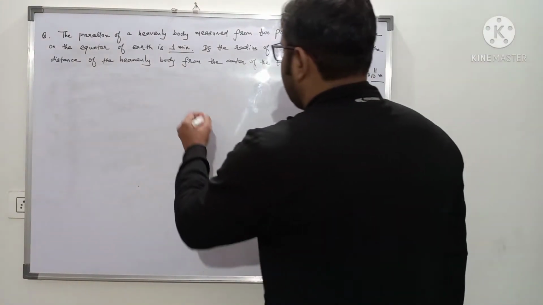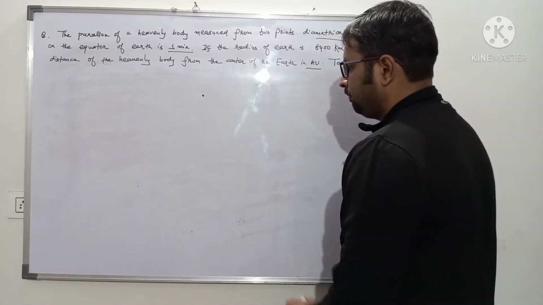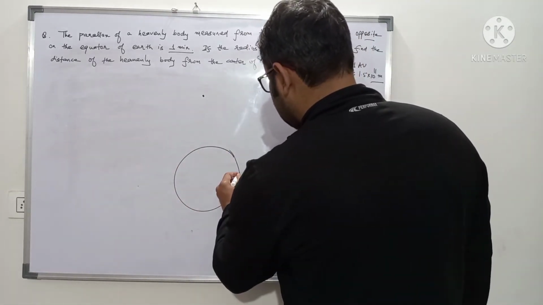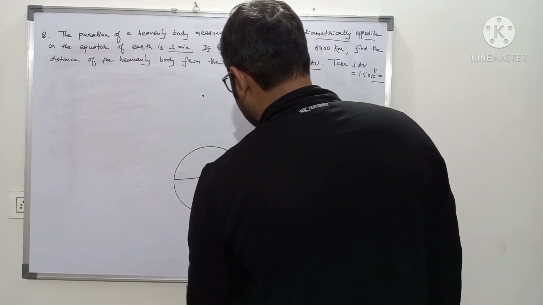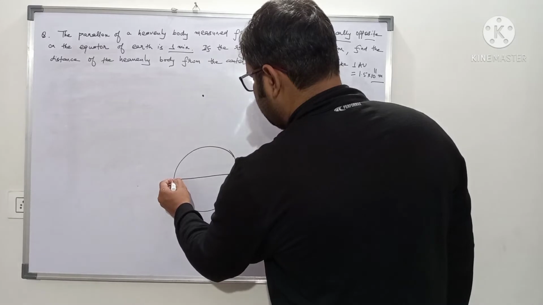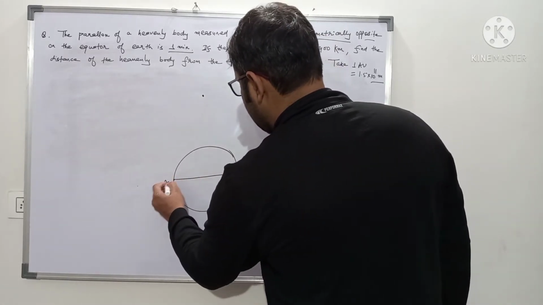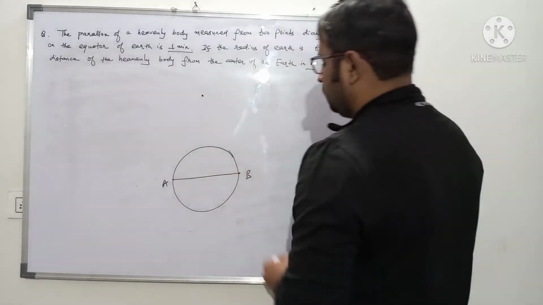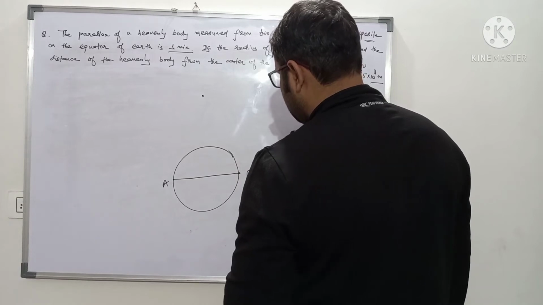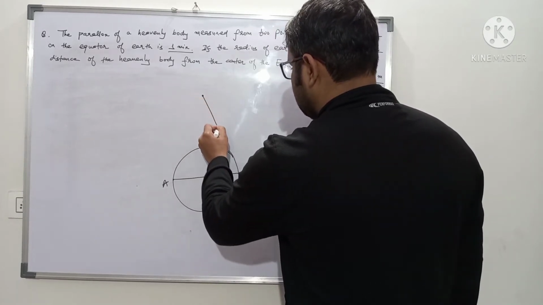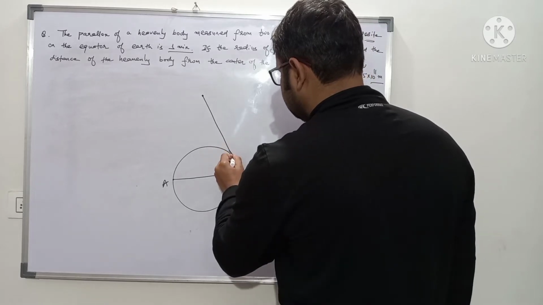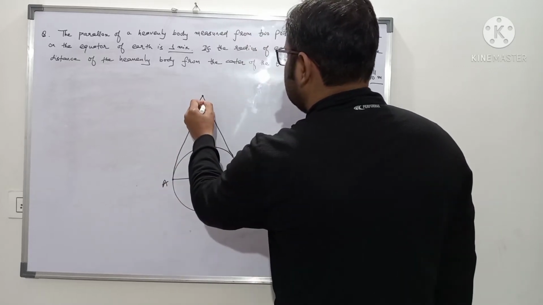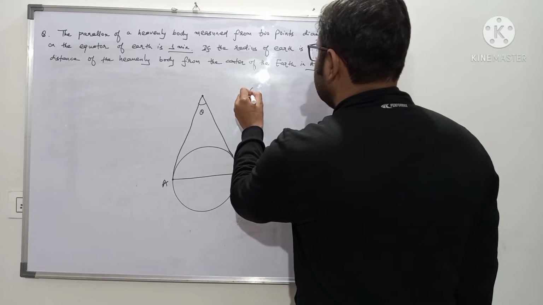So what is given here? Heavenly body is given. Let us assume this to be the Earth. This is the diameter of Earth, and these are the two positions. Let us call them A and B. These are the two diametrically opposite locations on the Earth, and this is the parallax which is given, 1 minute.